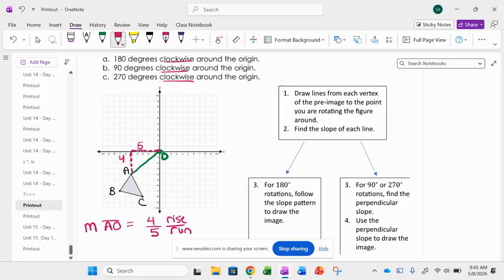So now what do we do? We go to our center of rotation, and now I'm just going to continue the slope. So from point O, I'm going to go up 1, 2, 3, 4, to the left 5, 1, 2, 3, 4, 5.